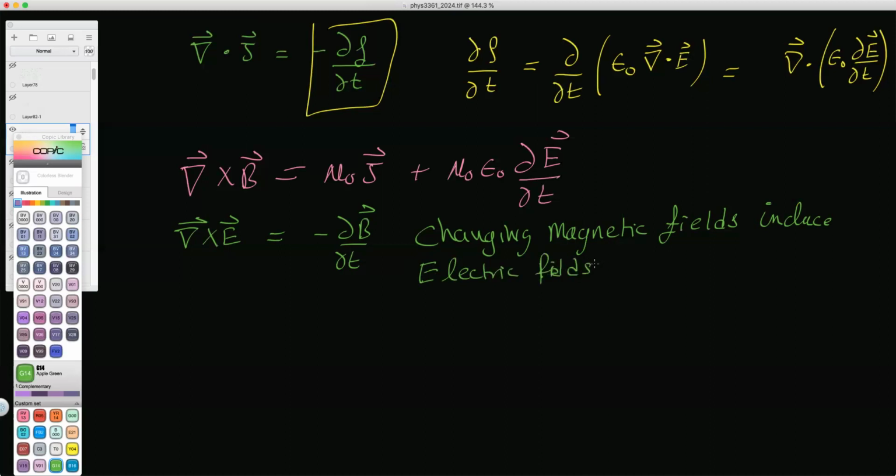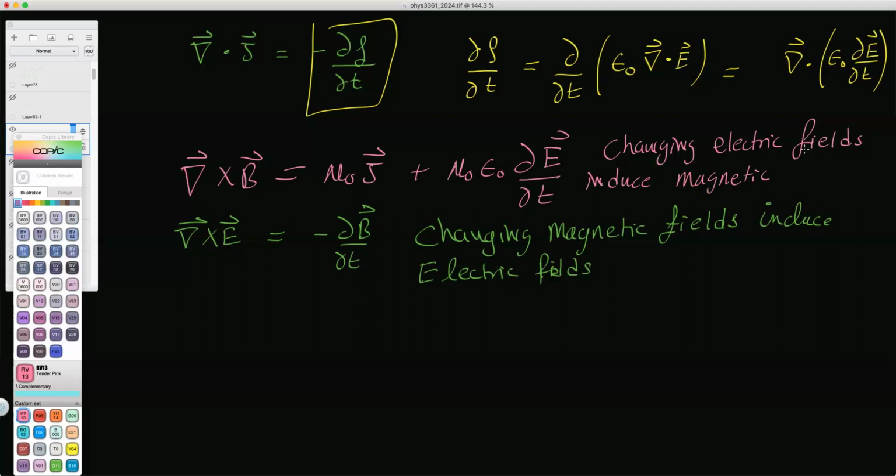Right? But now you can see up here, changing electric fields induce magnetic fields as well.